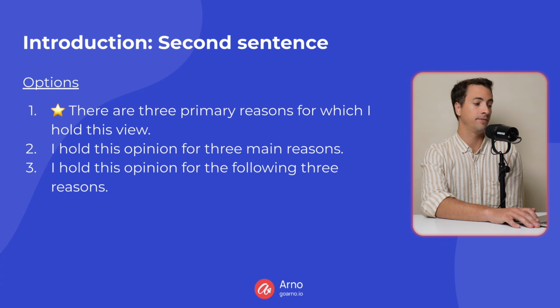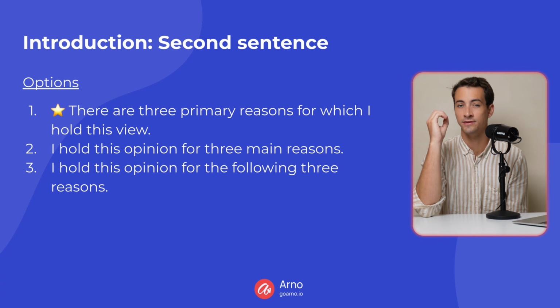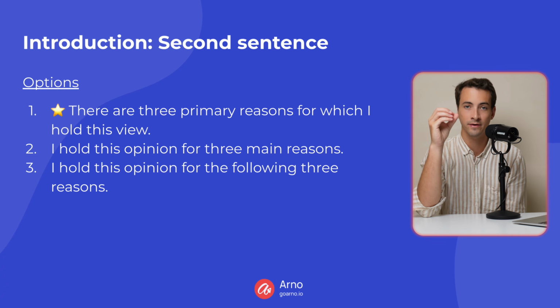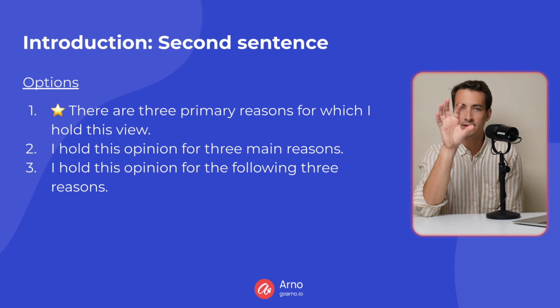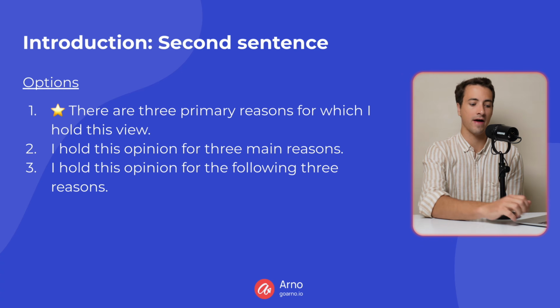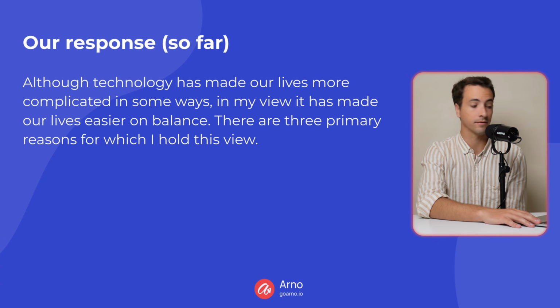Or you could say, "I hold this opinion for the following three reasons." Again, the first option here is the most advanced because it uses the most complex grammar, but all three will work.